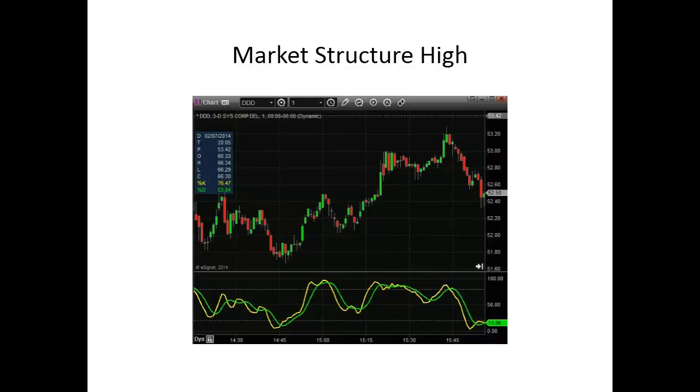And that's why the stochastics right here give us a nice picture, because as you can see, when we go by the rifle chart rules of pups and mini pups, what we notice is this is pretty much a counter candle, right? Green, green, green, counter candle. And what's the rule on counter candles? The body close break is a short signal. So do you see how the market structure high signal overlaps and confirms with the mini inverse pup signal?